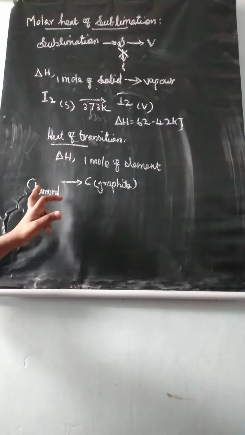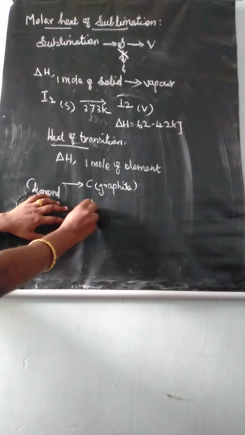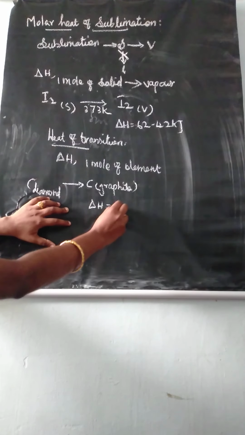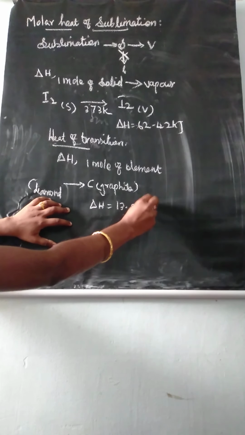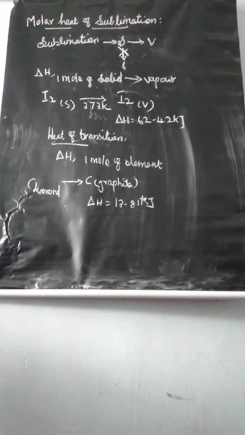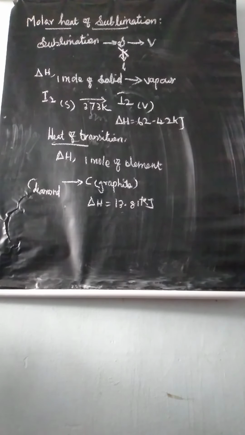These are allotropes. So this is what we call heat of transition. In this equation, the delta H value we can write is 13.81 kilojoule. Understand?